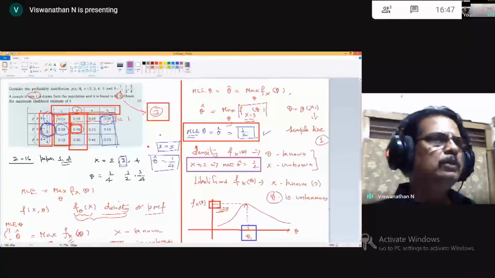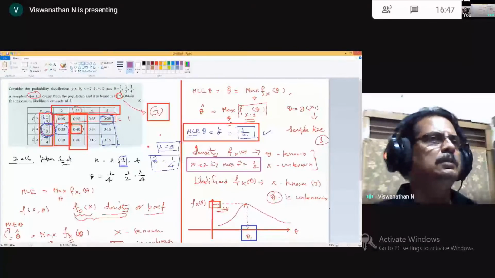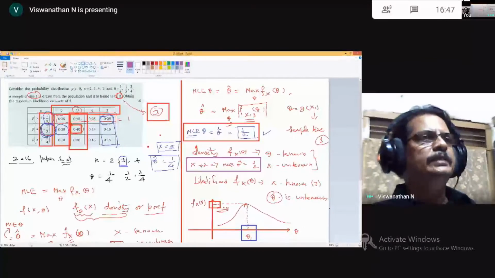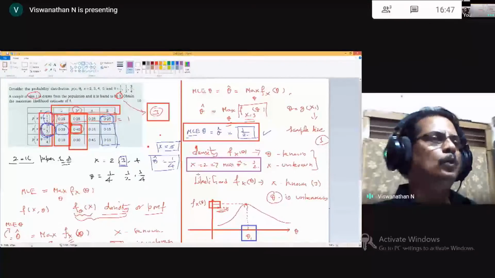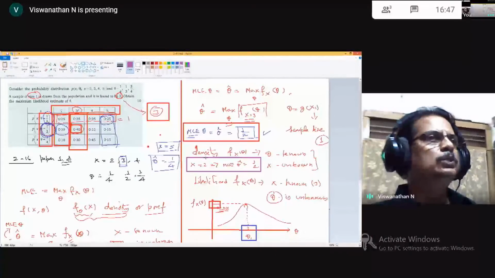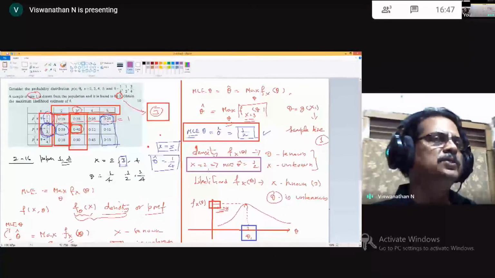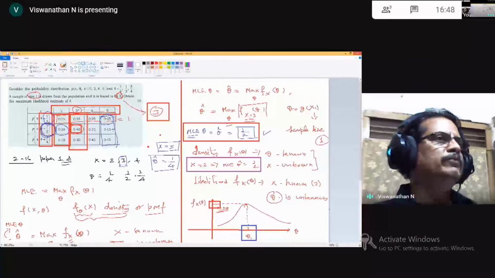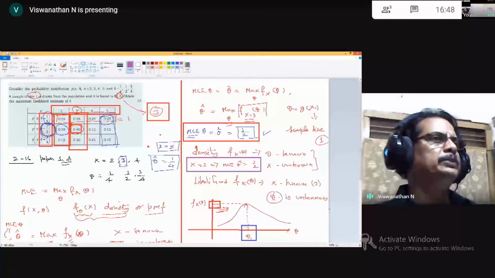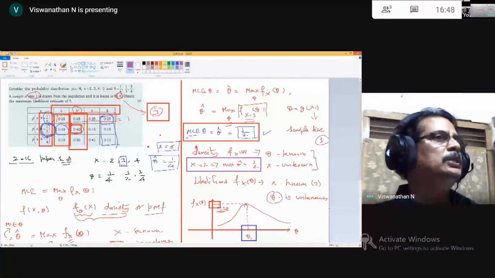On the contrary, to make things a little more complicated, they may say this is my MLE, what are the possible outcomes? So it is not one-to-one. Previously, when x is given, the MLE is unique: if it is 5, it is 1 by 4; if it is 3, it is 1 by 2; if it is 2, it is 1 by 2. So given x, there is only one value of MLE.